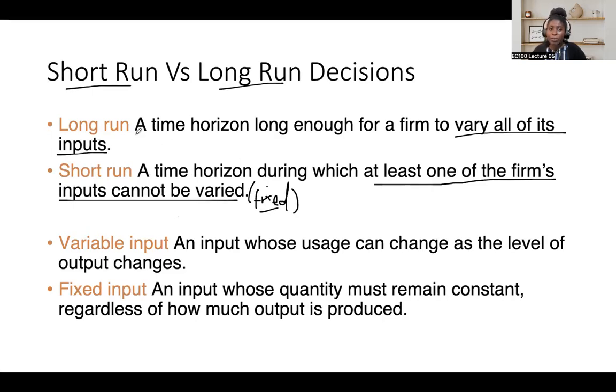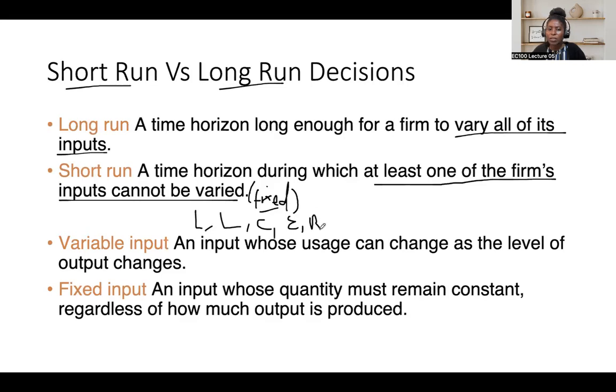And then the long run is a long period of time in which you can vary all inputs. So for those inputs, we say there are many inputs, okay? There is labor, there is land, capital, entrepreneur, and other inputs also, okay? Inputs can be so many that you can think of, okay?